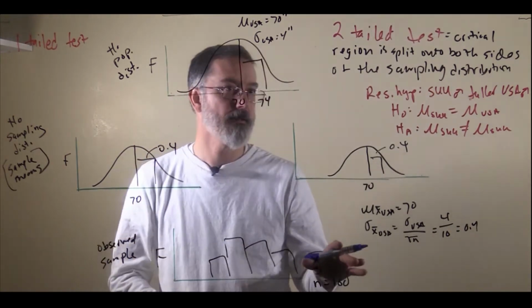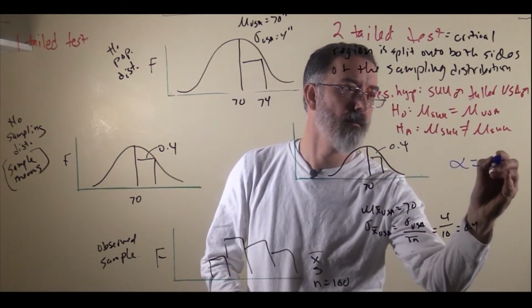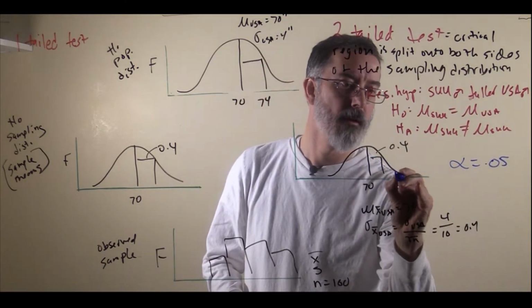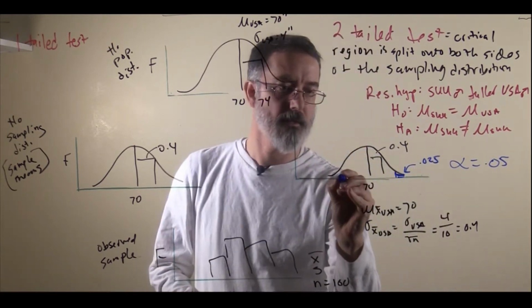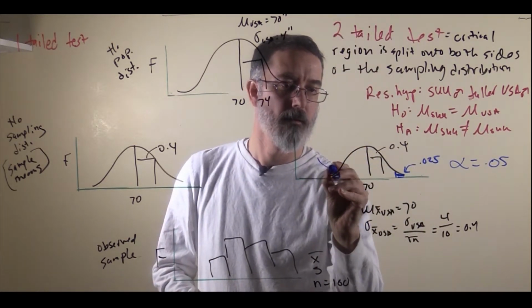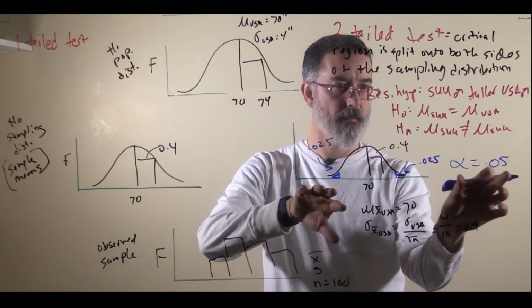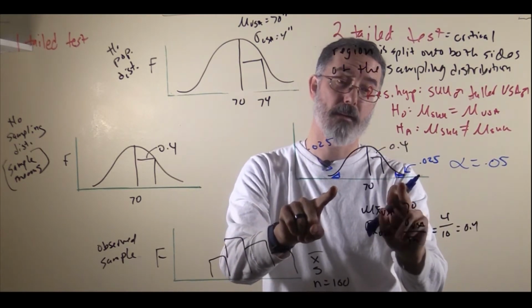With the two-tailed test, we have an alpha of 0.05, and just like in the past, we would put half of that on either side. And so this alpha of 0.05 is split between these two tails. And that's what makes it a two-tailed test.